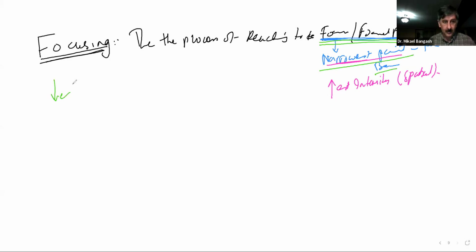That's where we have the lowest numerical value of lateral resolution. And due to that lowest numerical value of the lateral resolution, we can say that the lateral resolution is best.